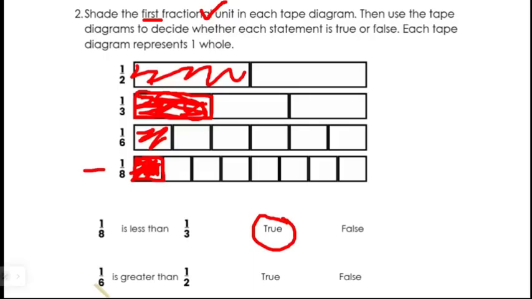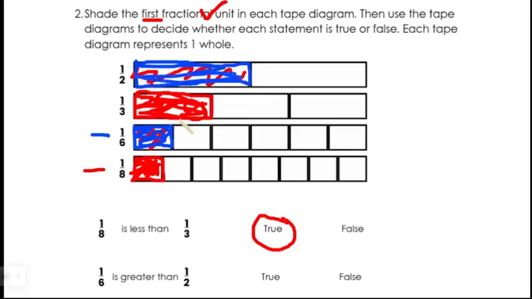The next one says 1/6. So let's find the 1/6. I changed my color so we can see the difference here. So 1/6. I need to know if this part here is greater than 1/2. So we're comparing it with this one right here. Is that true or false?